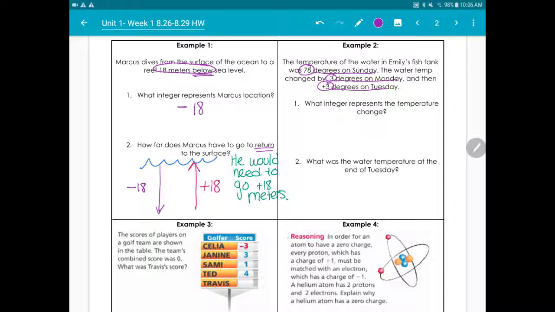Okay, so I'm going to draw this at the bottom. So Sunday, Monday, and Tuesday. Alright, so on Sunday we started at 78 degrees. And then on Monday, it says it went down 3. And then on Tuesday, it says it went up 3.